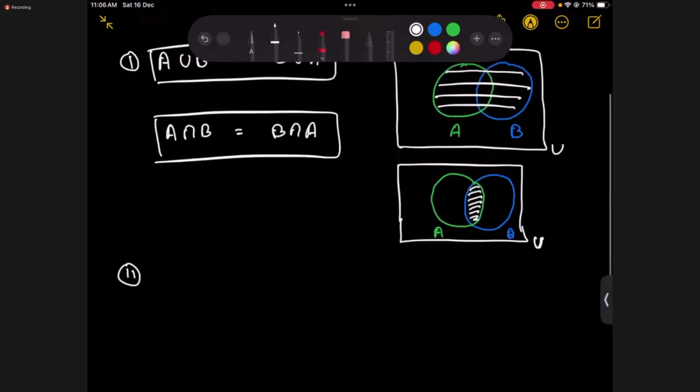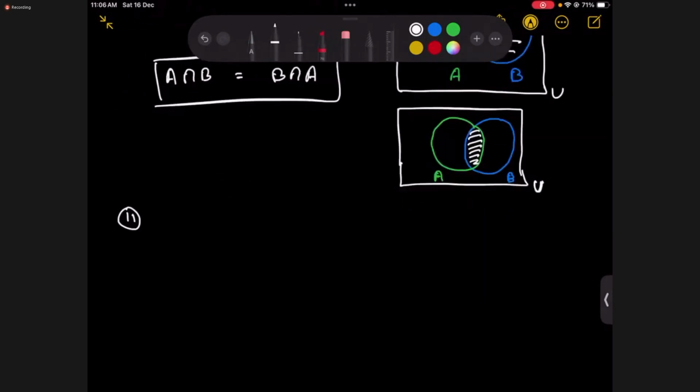Next property: A union the universal set. This is obviously the universal set. Why is this so?